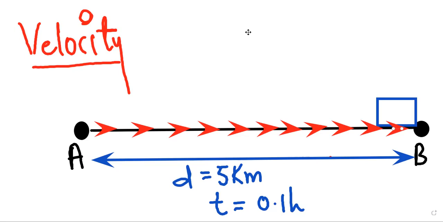So we know that distance over time is actually speed. But right now we have some direction as well.